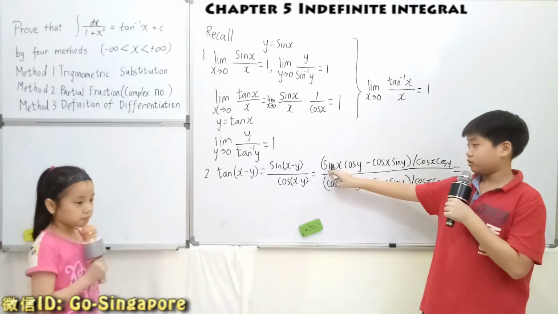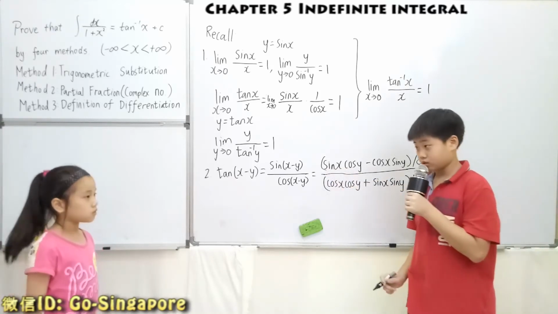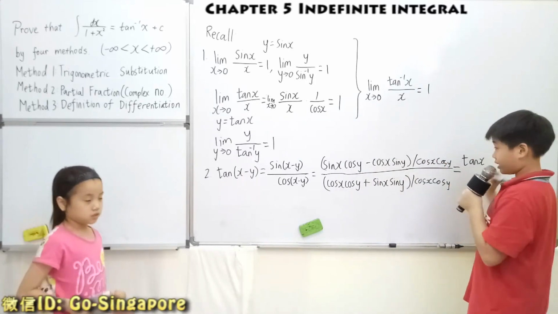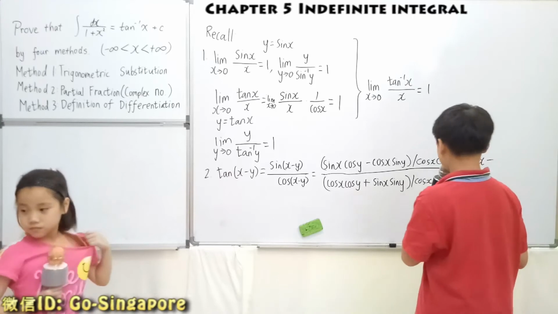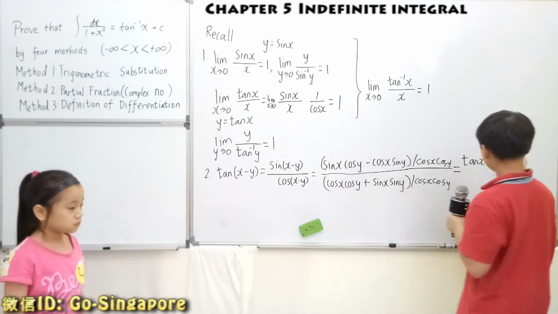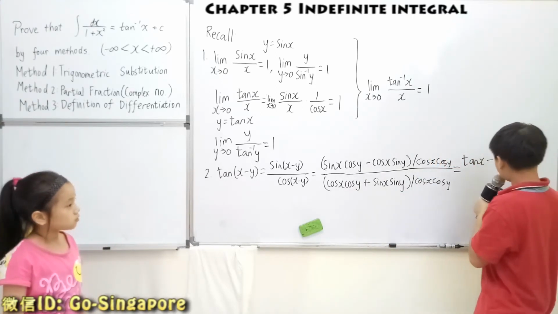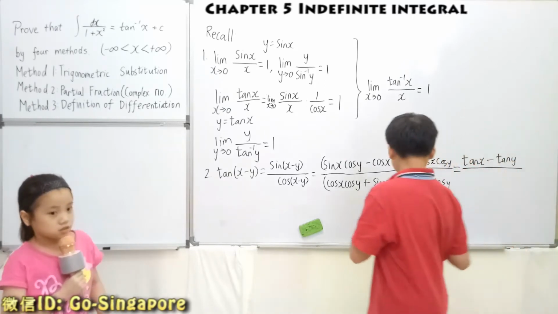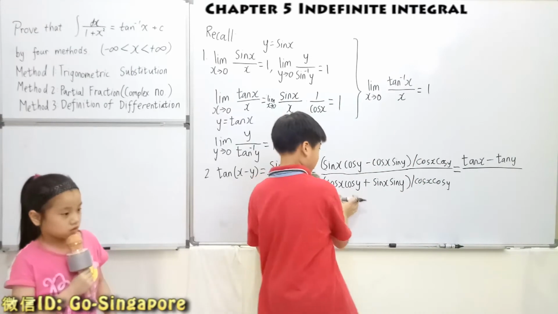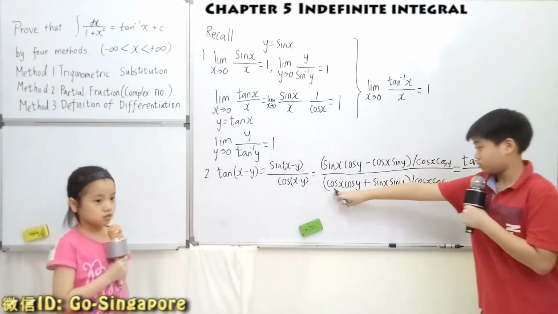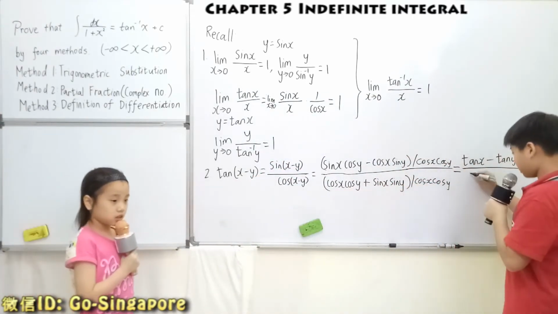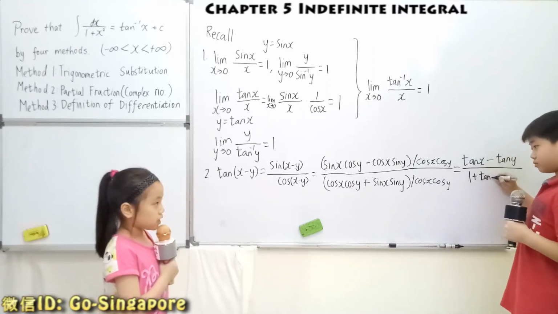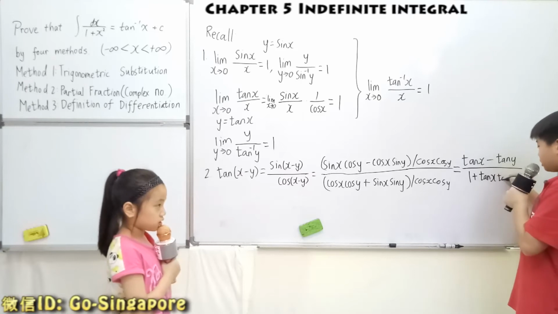Yep. Sine x over cosine x is tangent x, right? Then here minus, so this will actually be a tangent y, right? Yes. Then over, here is a 1. So plus, you need to plus tangent x tangent y. Yes, correct.